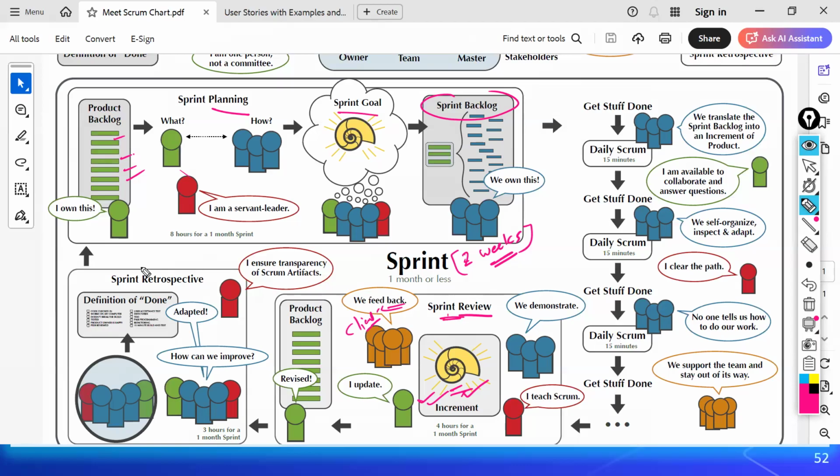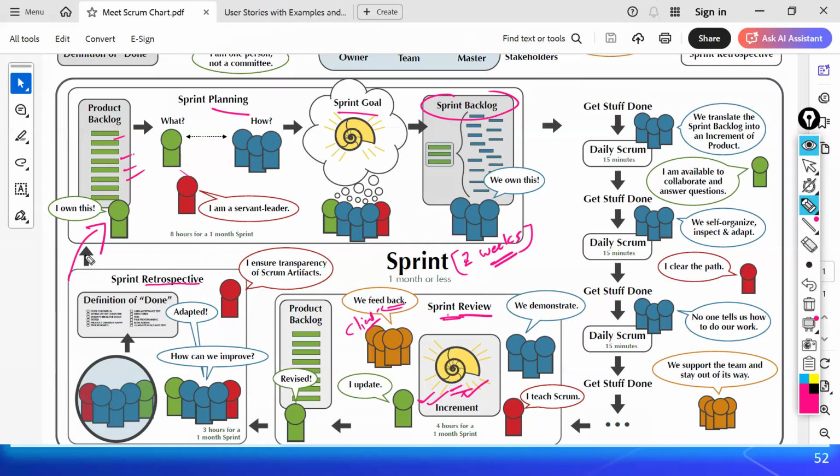Right after the review, we're going to have the retrospective. Retrospective is also a meeting, right before the next sprint planning. I'll put it in a nutshell: what went wrong, what we did right, and most importantly, how we can improve before we start our next sprint.